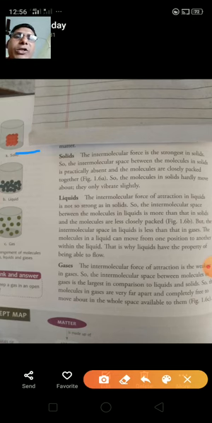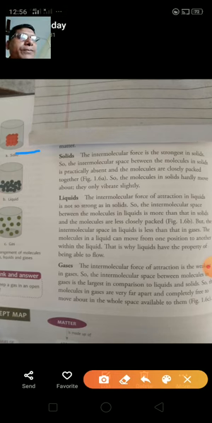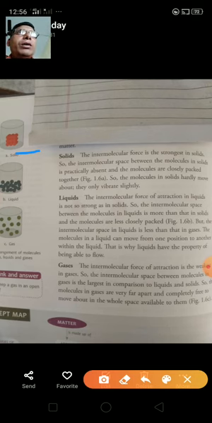So the intermolecular space between the molecules in solid is practically absent and the molecules are closely packed together. The molecules in solid hardly move about, they only vibrate slightly. Why is it solid? Because all the molecules in the solid are very closely packed.